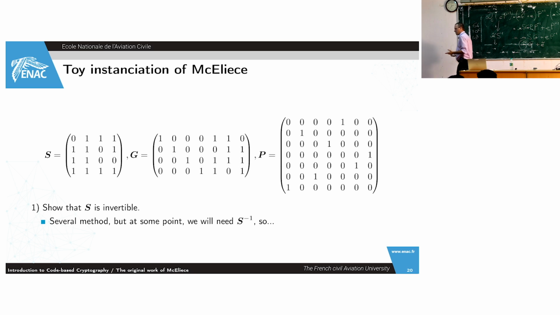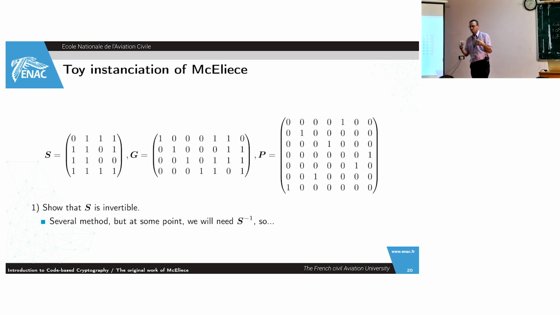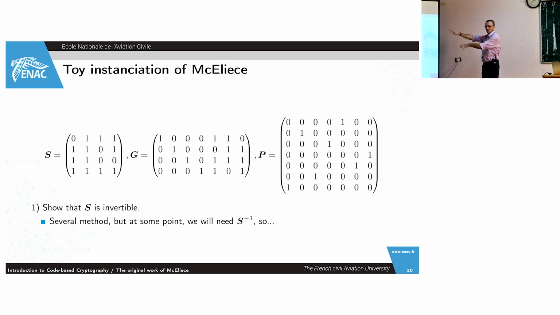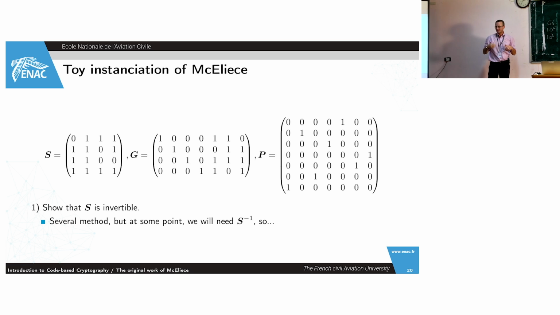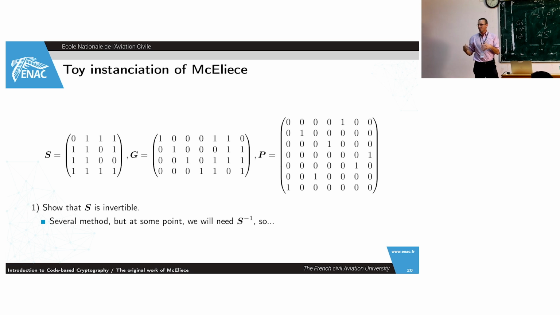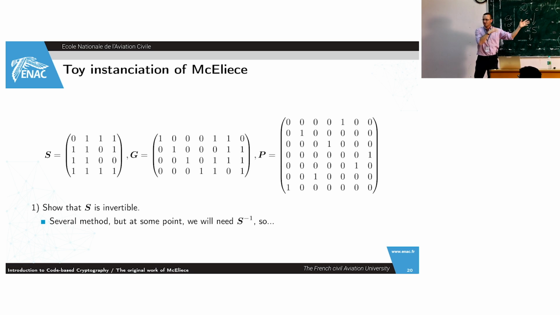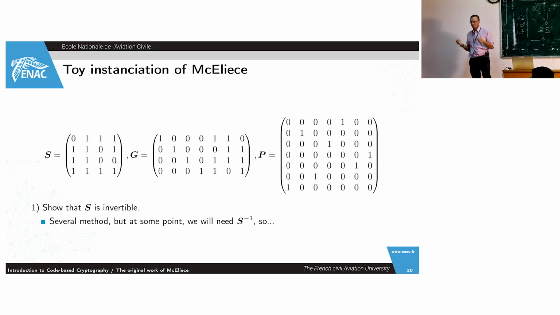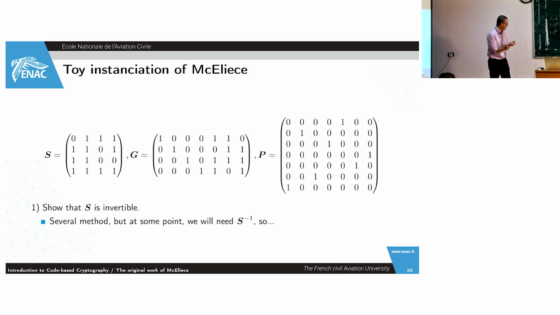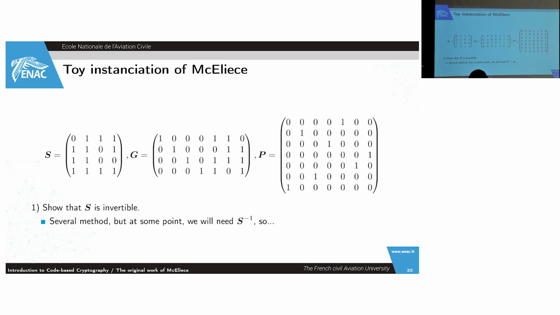There are several methods, but at some point, we will need S minus 1 when we want to do M tilde times S minus 1. So let's assume that the lecturer has correctly configured this instance and that S is invertible. I think we are going to try to directly invert S, if it's okay for you. Otherwise, we can compute the determinant. But if it's not the case, I can take 2 minutes just to do it. No? Okay.